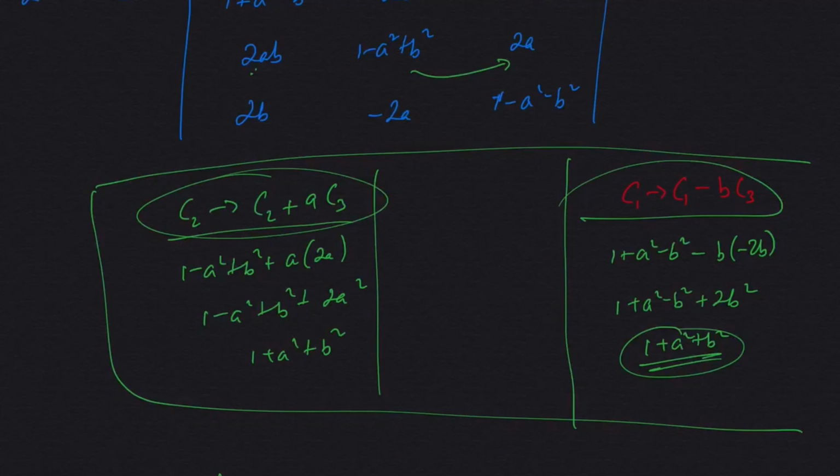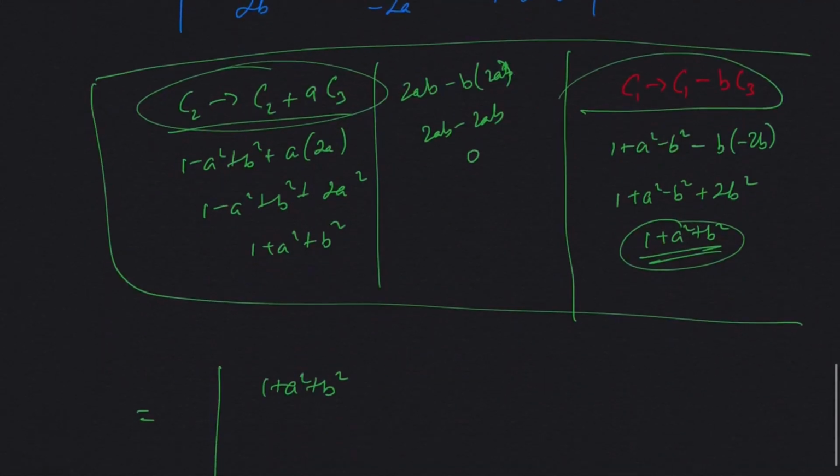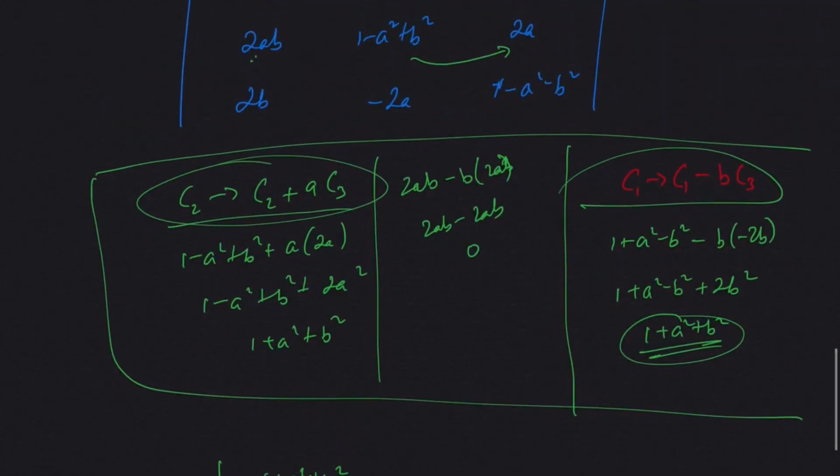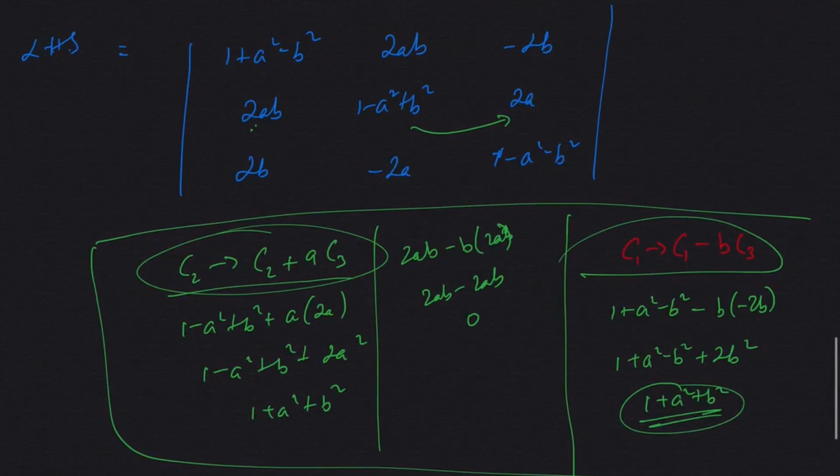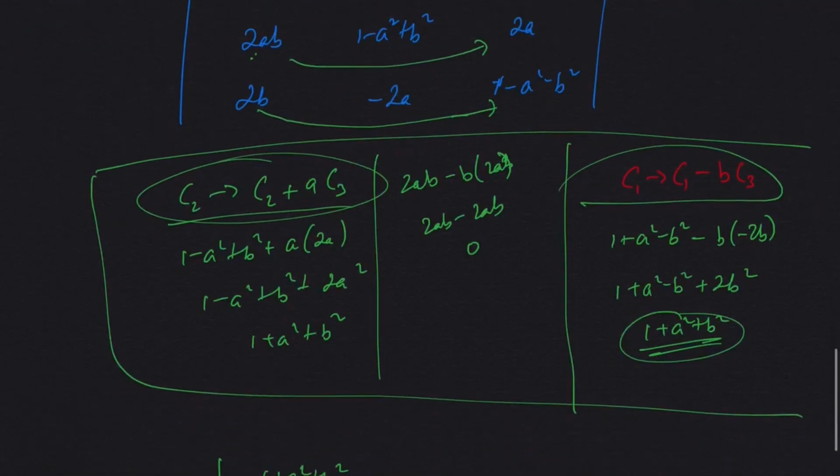So I'll just do here 2ab minus b into 2a. 2ab minus 2ab, that will be 0. And what about this?